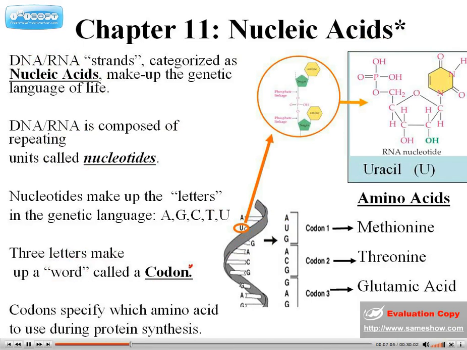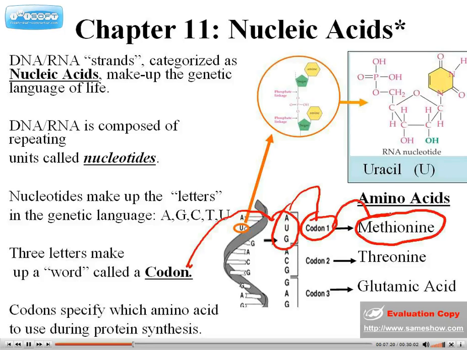So here we see the letters grouped into words, but the fancy word for those is codons. And the codons, during translation, code specifically for amino acids. So one codon would code for a specific amino acid, such as AUG would code for methionine.